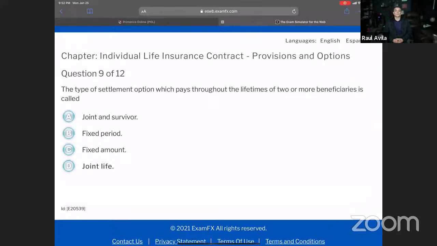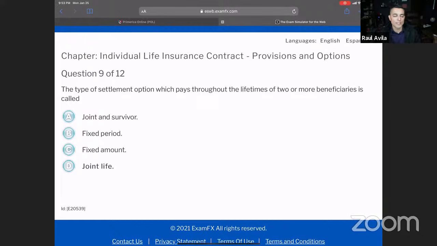What type of settlement option pays through the lifetimes of 2 or more beneficiaries? Is it called A, joint and survivor, B, fixed period, C, fixed amount, or D, joint life? D. Joint life.